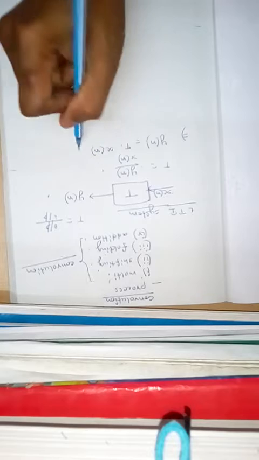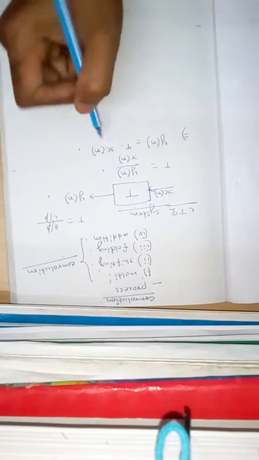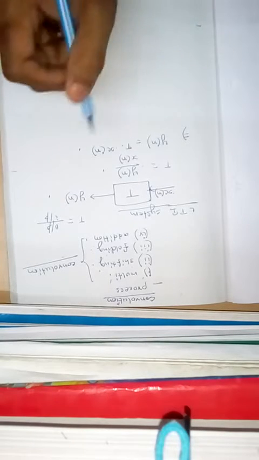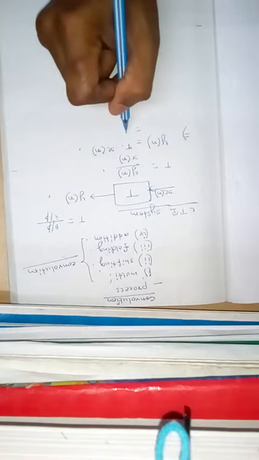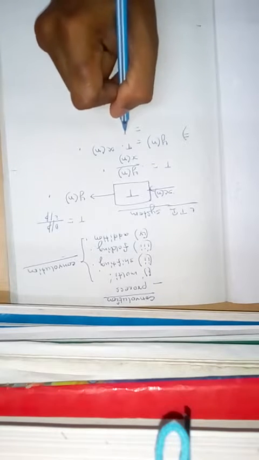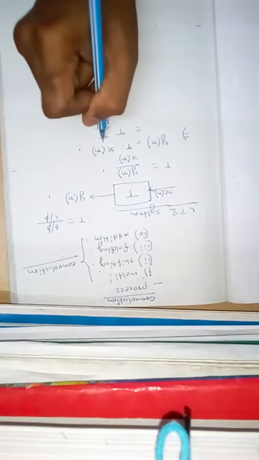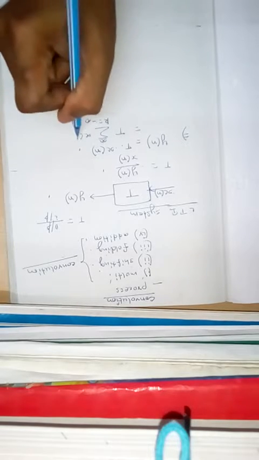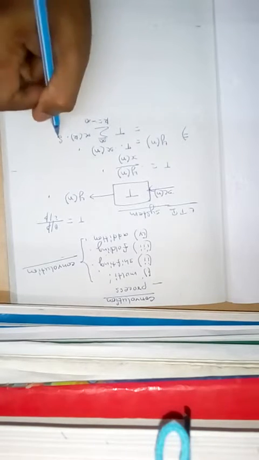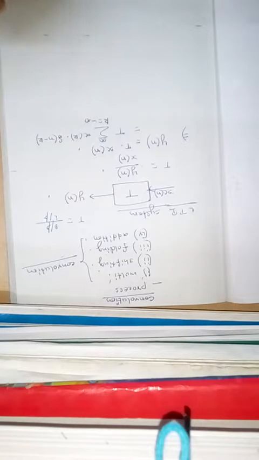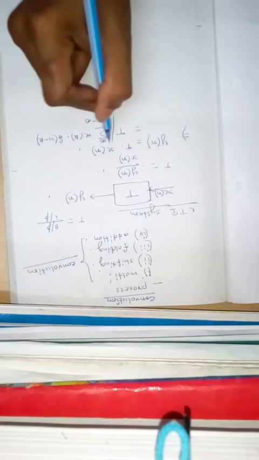Now this x of n, as I discussed in our previous lecture, can be represented using the impulse function as the summation of k equal to minus infinity to infinity x of k into delta of n minus k, where delta is the impulse signal.